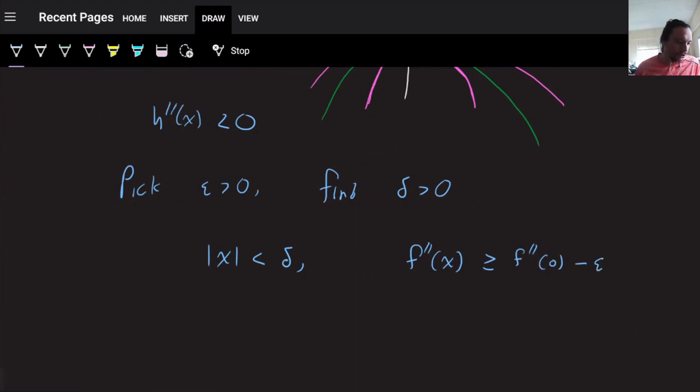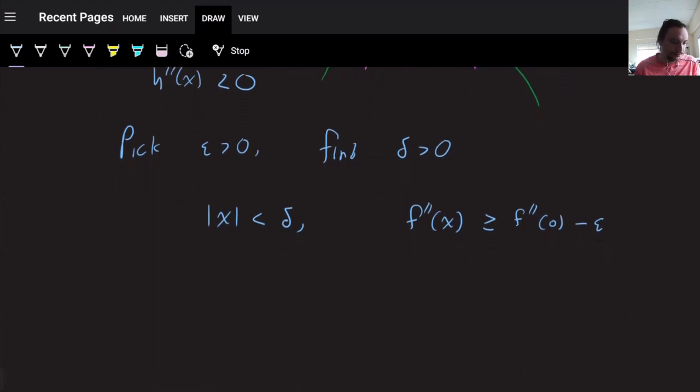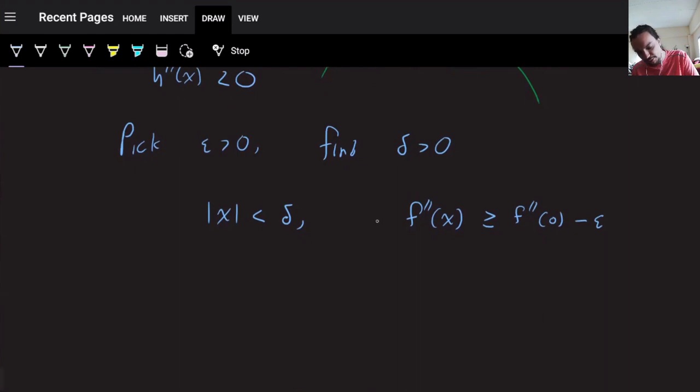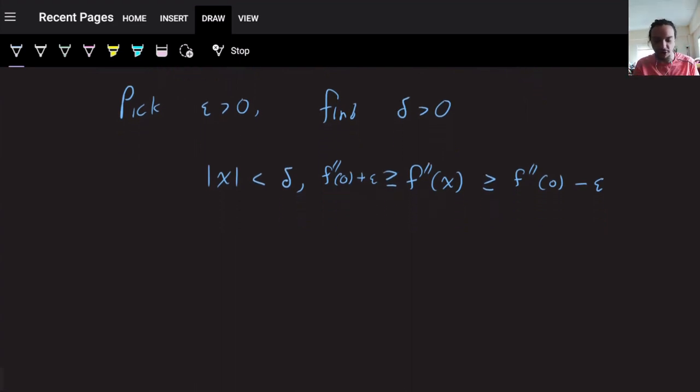So the point here is that I'm just making sure that, and then I also want it to be above. Okay. So I'm making sure that the second derivative is within epsilon of the second derivative at 0. Okay, so this is just coming from the definition of continuity. For small enough x, f double prime at 0 is close to f double prime at x.